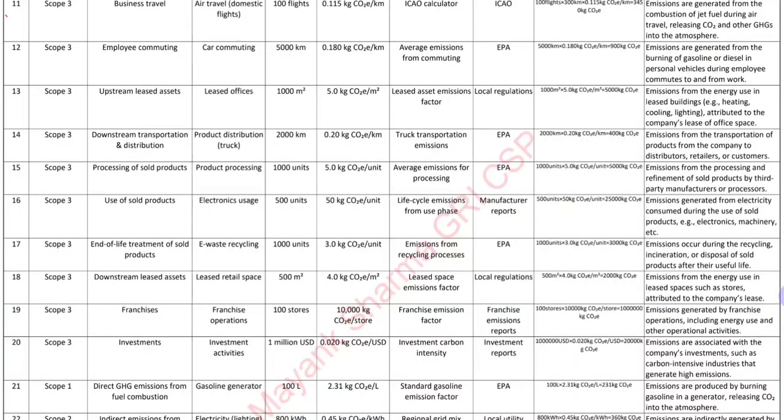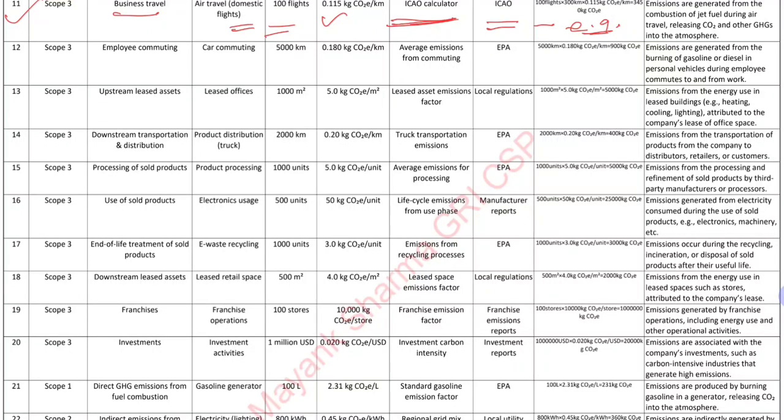In the next example, you see scope 3, we have business travel like air travel, but with domestic flights only. Let's suppose 100 flights were covered, and this is the emission factor, which has been taken from the International Civil Aviation Organization calculator, ICAO. So 100 flights, then multiplied with the number of kilometers, and this is just an example of the calculation, but this is the methodology we adopt.